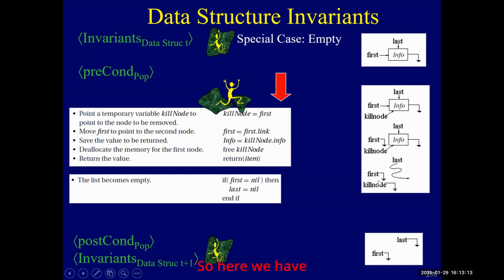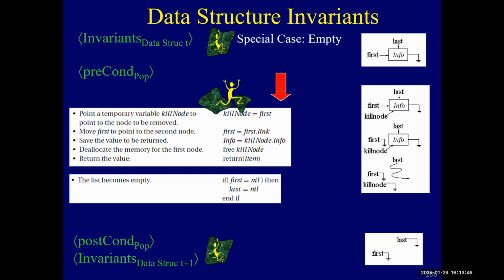So here we have this picture where first is pointing at nil, but last is still pointing at the thing that you killed, right? And so what can we say? How do we detect that this is a problem? Well, if first isn't pointing at anything, then last should point at nothing too. They're both nil. Yeah, does that make sense?